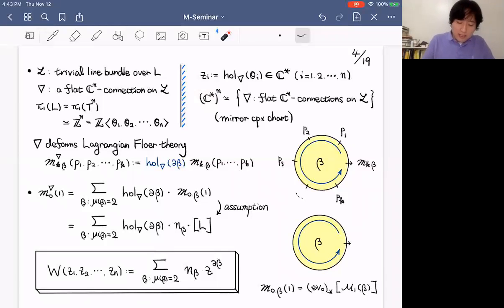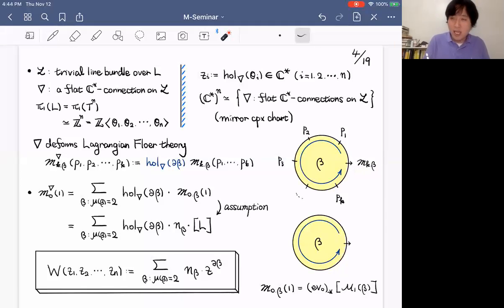And this flat connection deforms the Lagrangian Floer theory. Usually the k-th structure map of the A infinity algebra or A infinity category, in this case, is filtered by the homotopy classes. So this is m_k^beta. It is the k-th structure map coming from the beta class, because k means that we have k inputs, plus one additional marked point for the output.